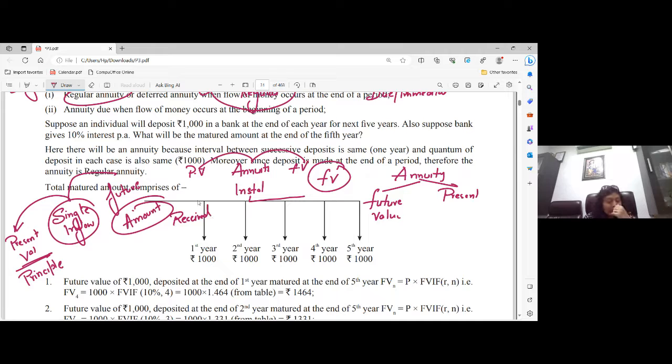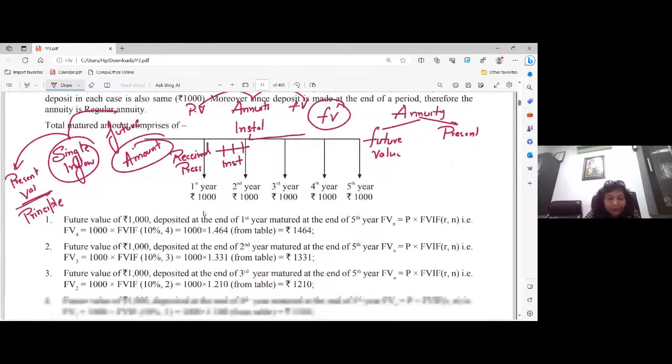Like the example, you have bought a bike of 1 lakh and you are paying for it in installments. That is the concept of present value. So in annuity, either you compute future value or present value, never both. You have to keep this in mind.